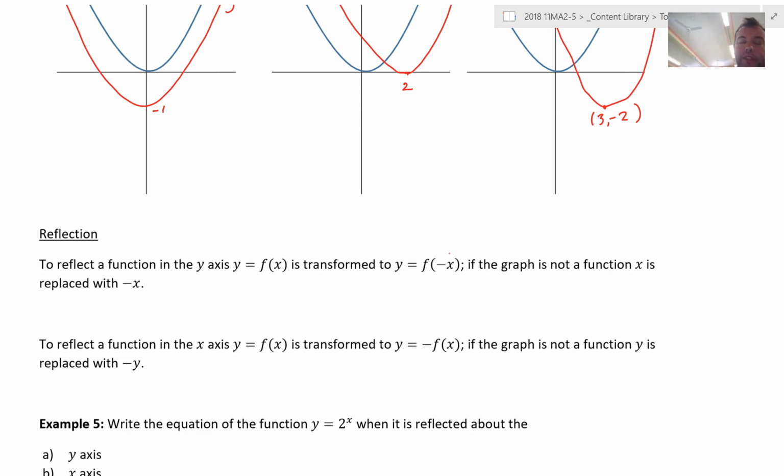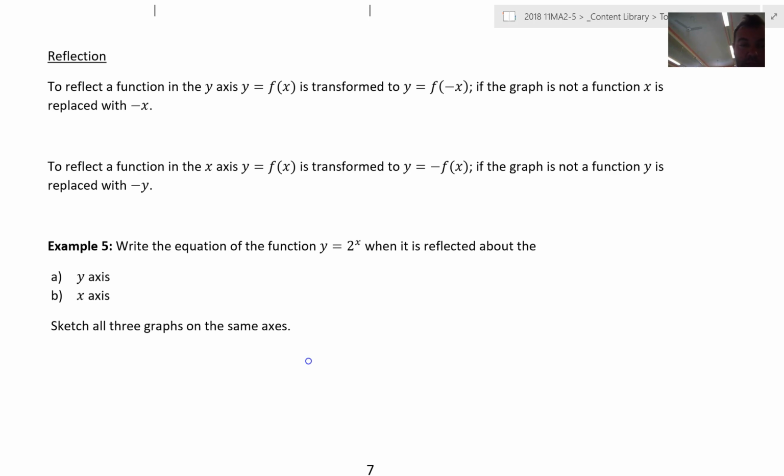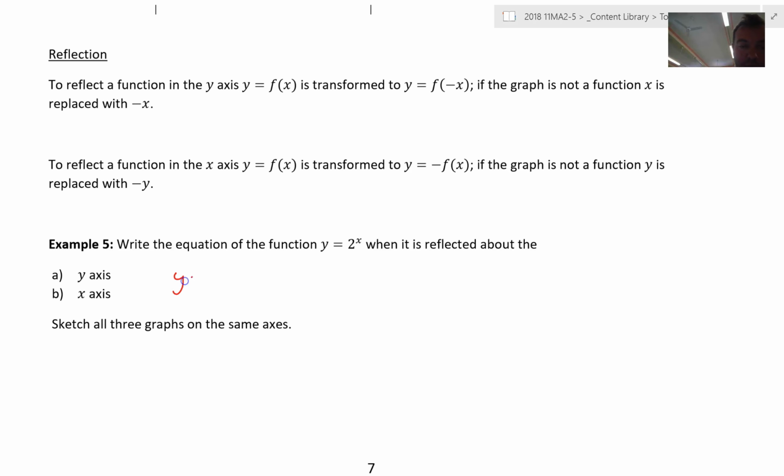To flip it in the x-axis, put it like this. Then I replace the y with minus y. So, here is y equals 2 to the x. I want to reflect that in the y-axis. To reflect it in the y-axis, I change the x. So that is y equals 2 to the negative x.